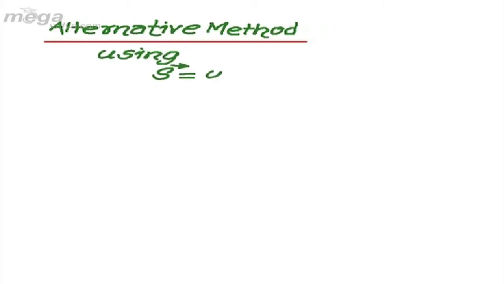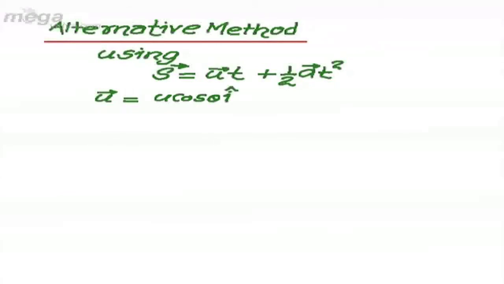So my alternative method to get the time of flight will involve the use of S equal to ut plus half at square, and for this projectile we can say u vector is equal to u cos theta i cap plus u sin theta j cap.